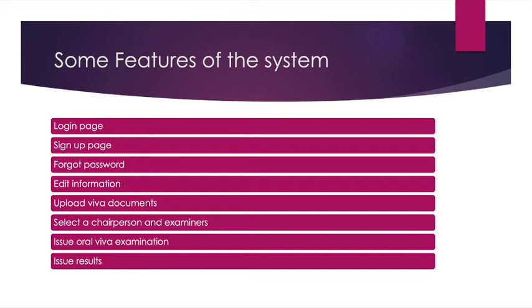And also, after conducting the Viva examination, the examiners and the chairperson will be able to enter the student results through the website, and also write the comments, and the supervisor will be able to view them.